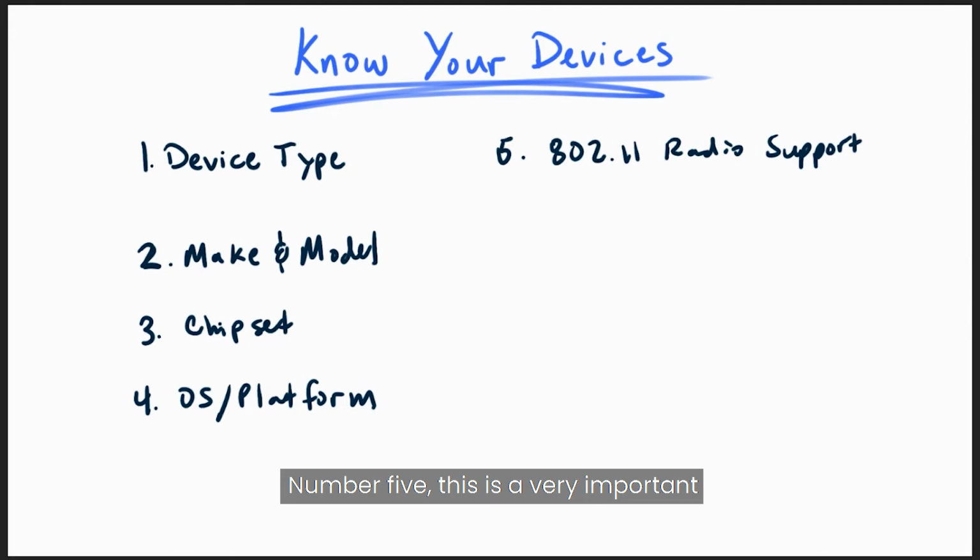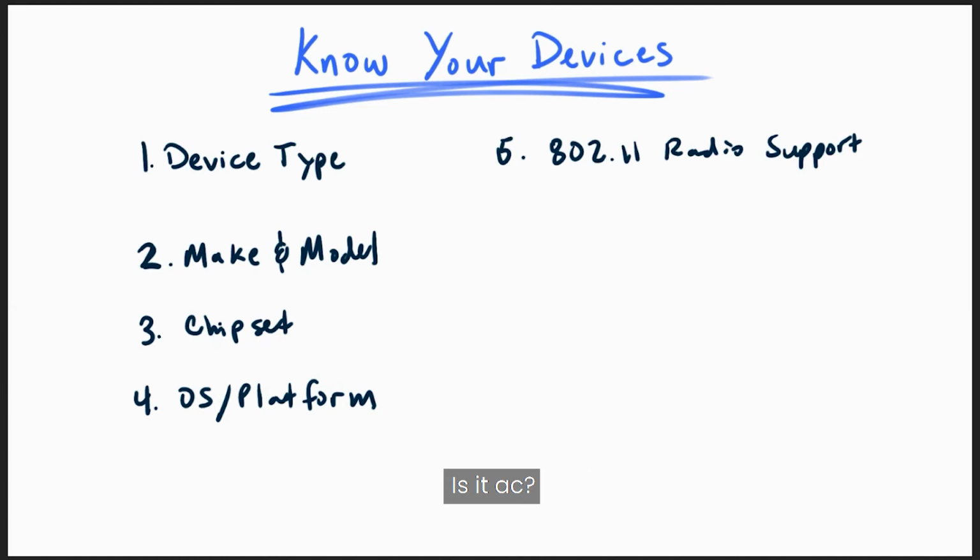All right, number 5. This is a very important category when it comes to your RF design and your configuration. So 802.11 radio support. Okay, so what standard does the radio support? Okay, is it 802.11a, b, g, n, right? Is it just b and g? Is it b, g, and n? Is it AC? Can it support AX, right?